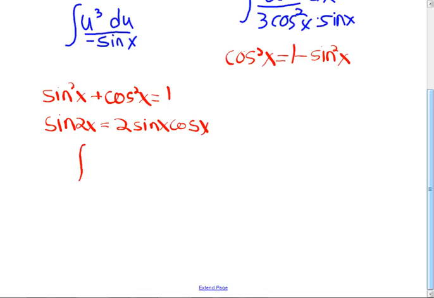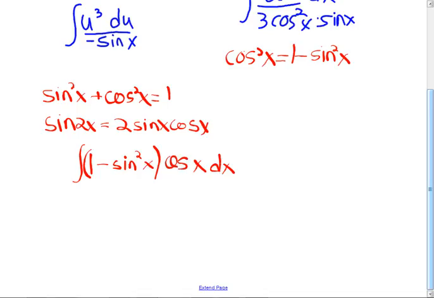It was cosine cubed, so it's cosine squared is 1 minus sine squared of x. And we still have a cosine there, which is good. Cosine of x.